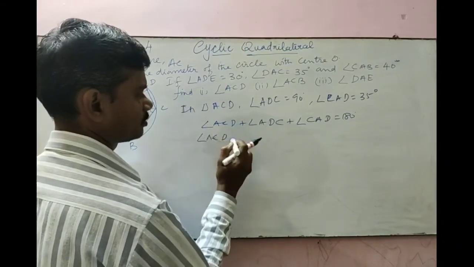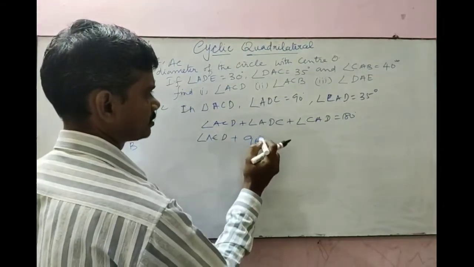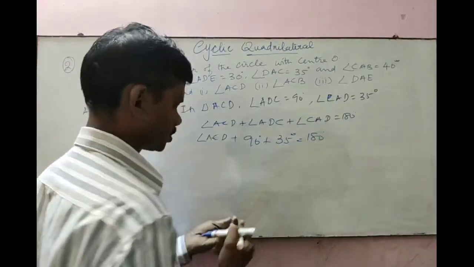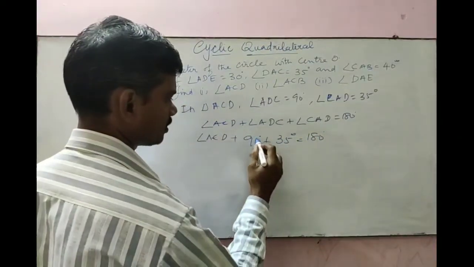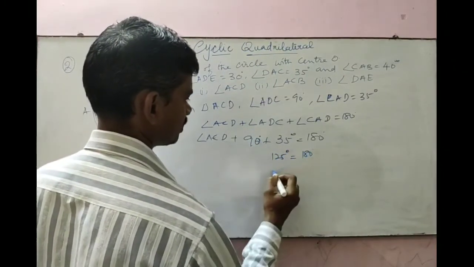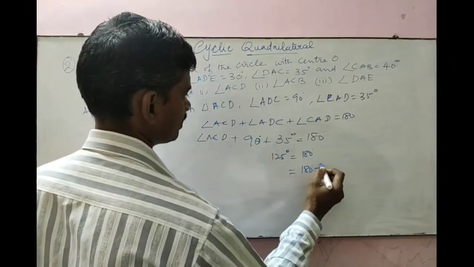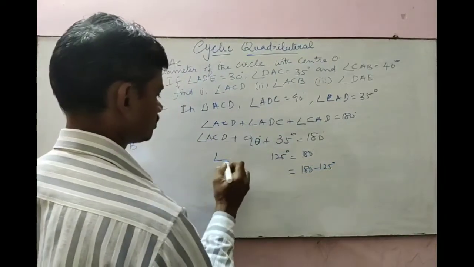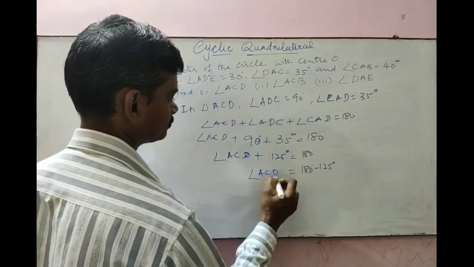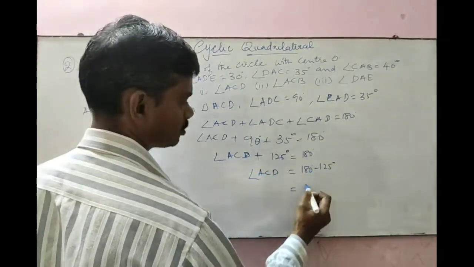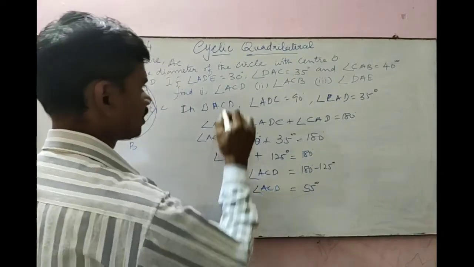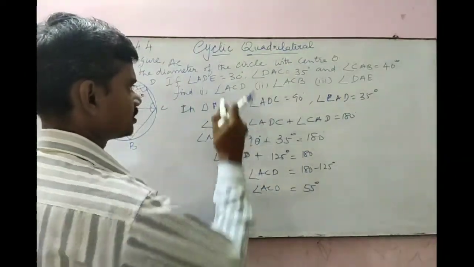We are going to find out. This is 90 degrees and this is 35 degrees. If you add these two, you will get 125 degrees. 180 minus 125 gives angle ACD. So 180 minus 125 is 55 degrees. So we get the value of angle ACD.